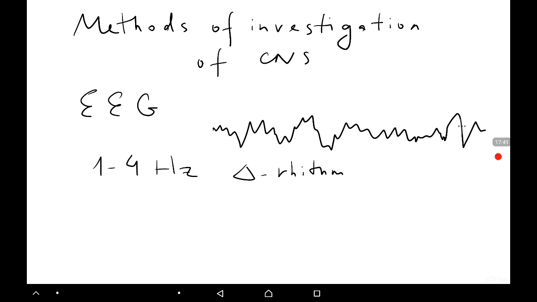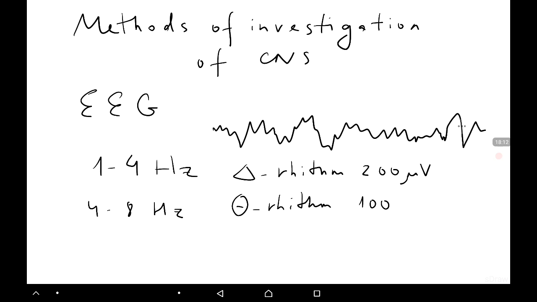Delta rhythm is characterized also by the highest amplitude, up to 200 microvolts. Next rhythm is theta rhythm. From 4 to 8 Hertz. And the amplitude is lower, up to 100 microvolts.